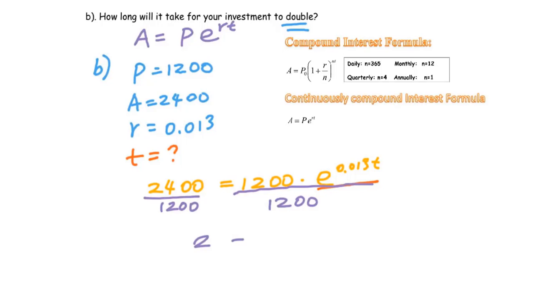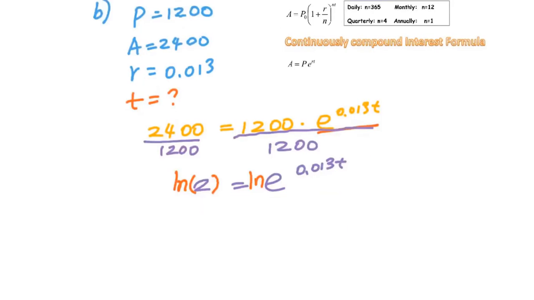You will get 2 equals e to the 0.013 T. Then take a natural log both sides. You will get 0.013 T equals natural log of 2.